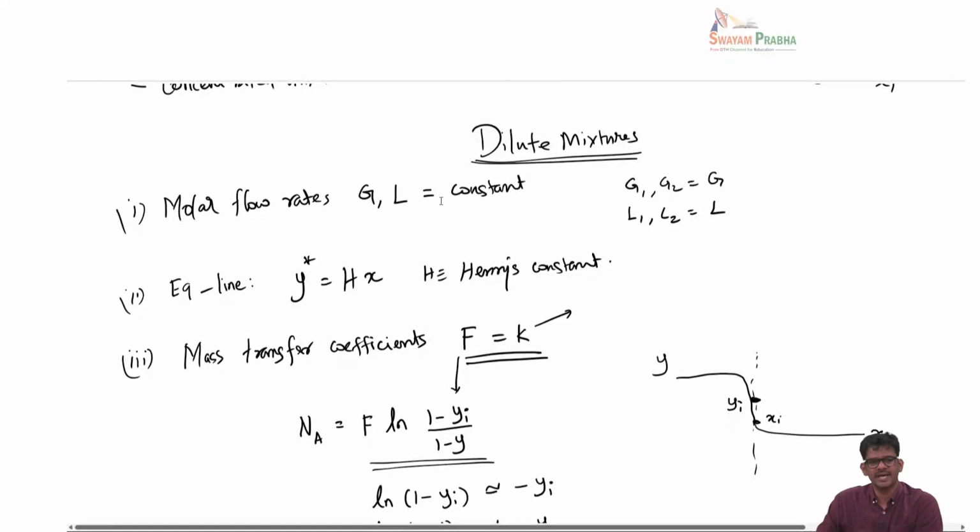One, the gas and liquid flow rates are nearly constant. Two, we can fairly use Henry's law to describe the equilibrium line, and third, the F type and K type mass transfer coefficients can be interchangeably used. Okay, so these are the consequences.